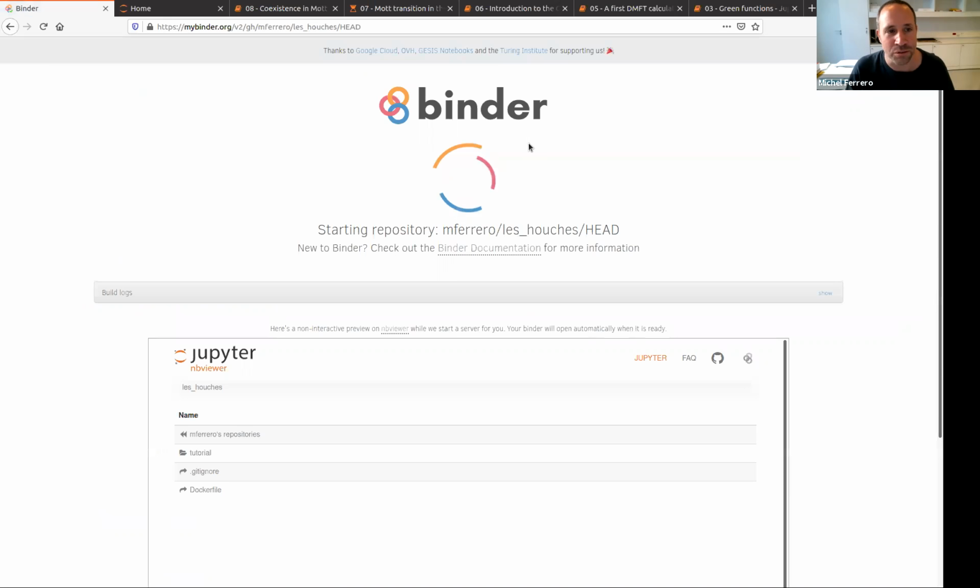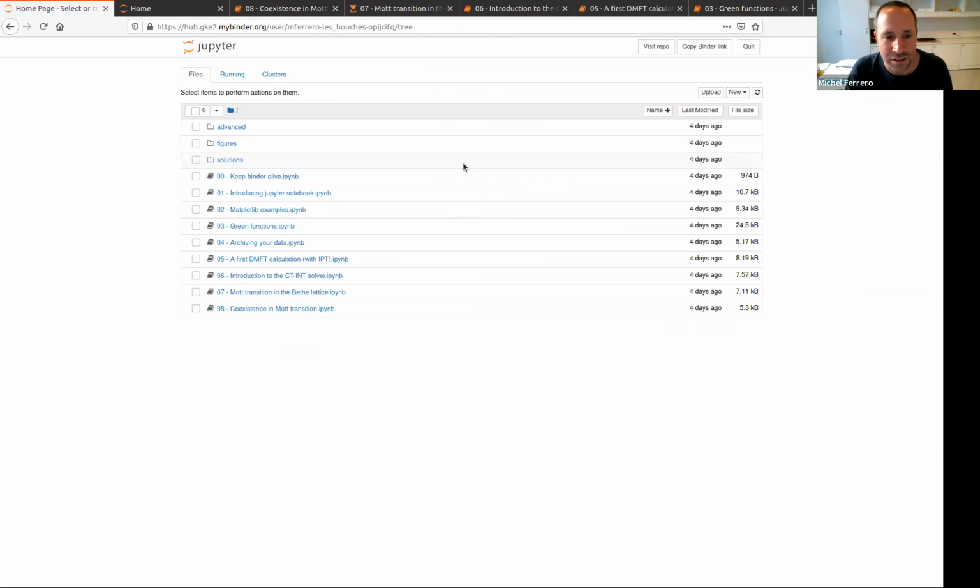which brings you to Binder, which has a prepared notebook with all the necessary libraries. This can take a bit of time, depending on how much traffic there is on the website. Well, this time it was pretty fast. What you get is a list of different notebooks, and you can click on them and go in the right order.